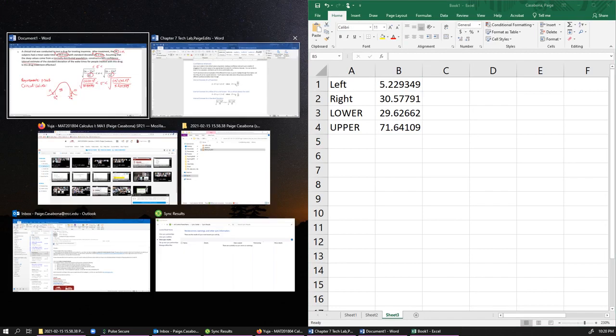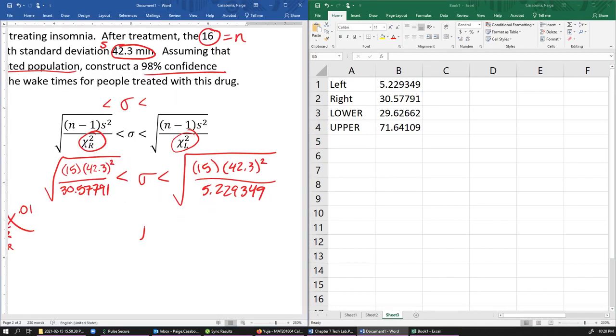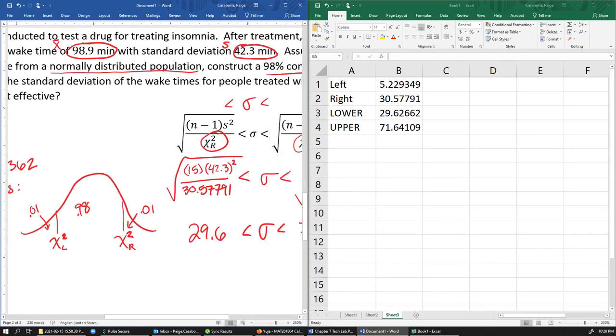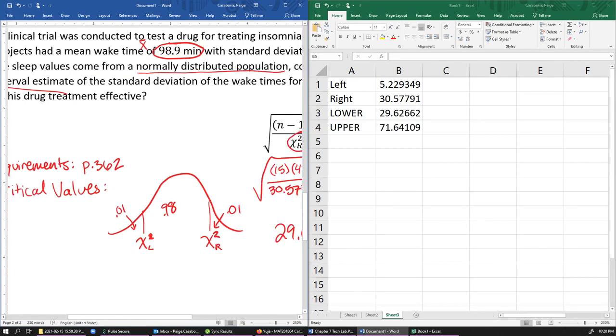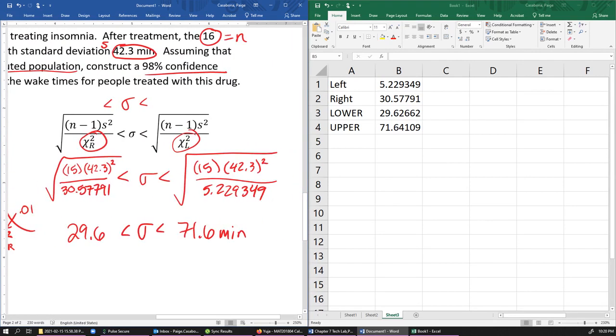So this is telling me that my sigma, my population standard deviation, is somewhere between 29.6 and 71.6 minutes. So this is giving me an idea of how much these wake times would vary within the population of people taking this drug.